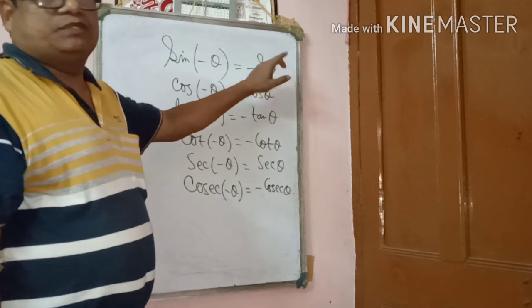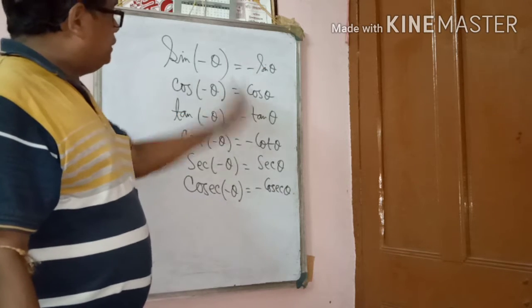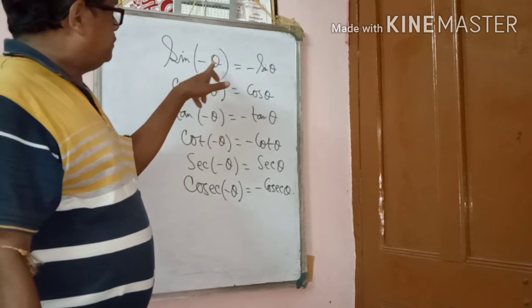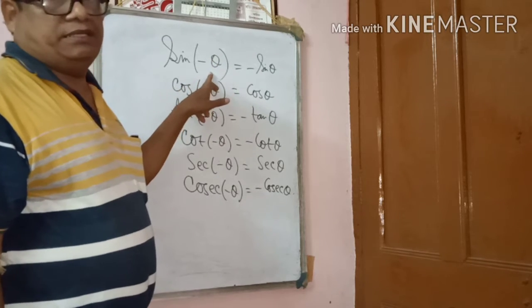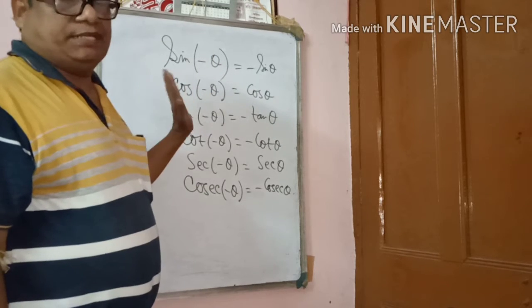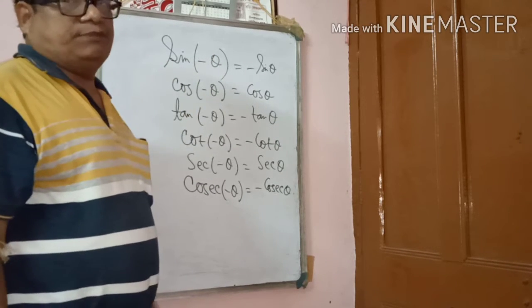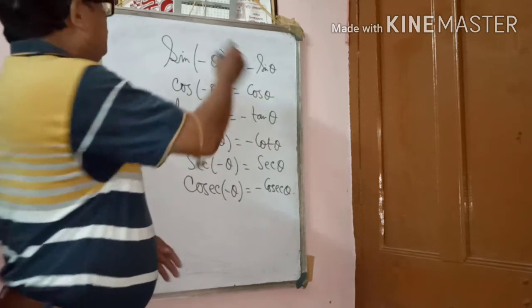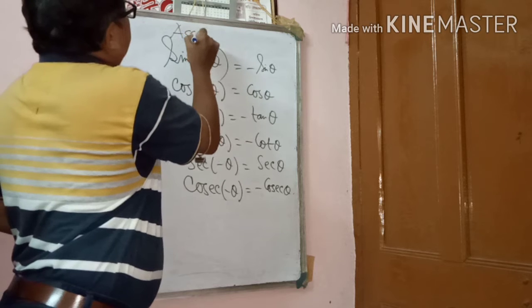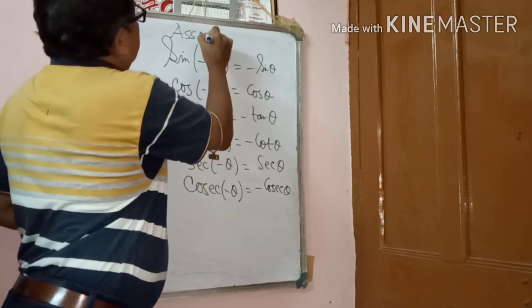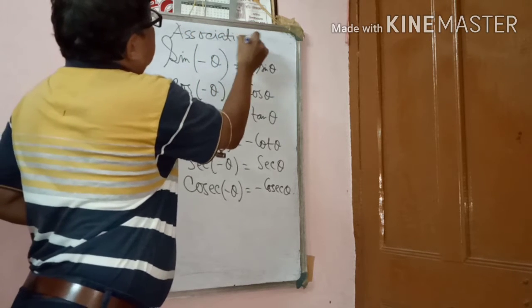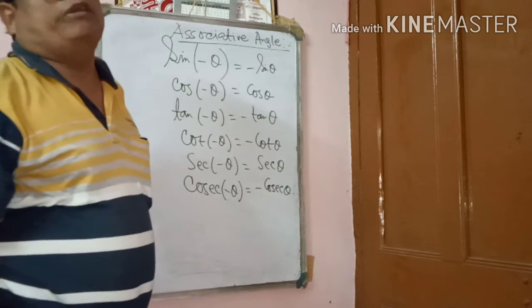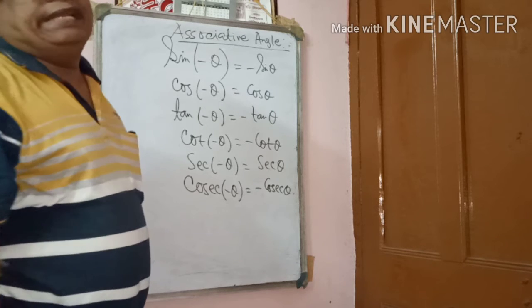So these are for the trigonometric angle, which may be positive or negative, and this chapter is known as associative angle or allied angle. Angular means either positive or negative, or more than 90 degrees.